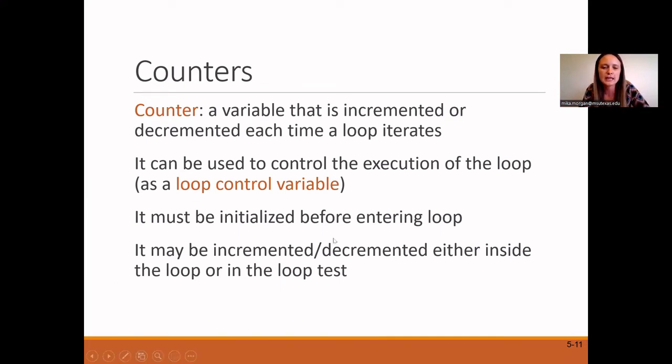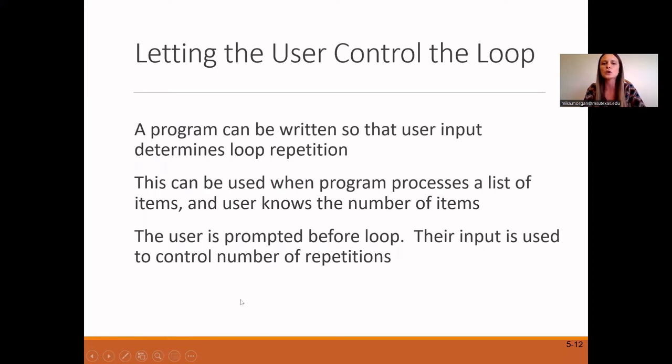And then you can increment it, decrement it, whatever you're trying to do inside the loop or in the loop test itself. So if you were going to initialize a counter, think for a second about what starting value would make sense to store inside that variable, right?